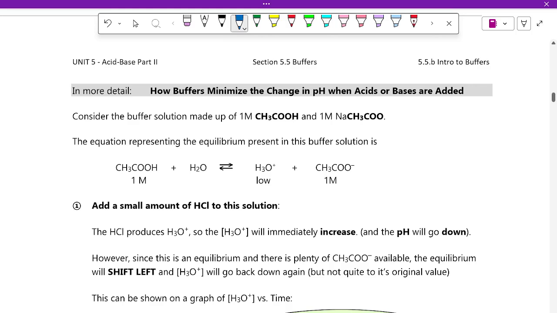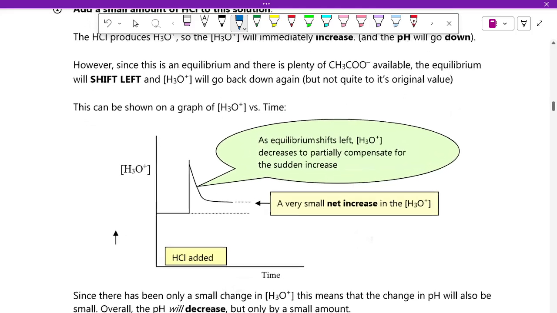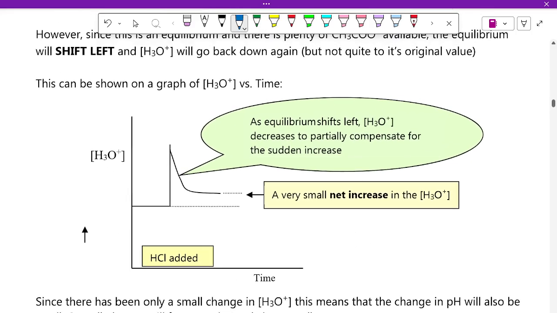So really, there's not much here. This is all stuff that we've already talked about. This is what we've got in terms of a graph. This is our concentration of H3O plus in a buffer system.